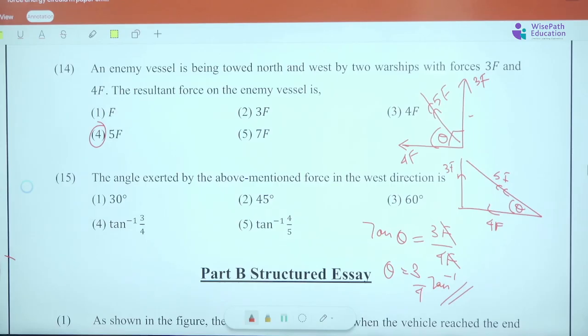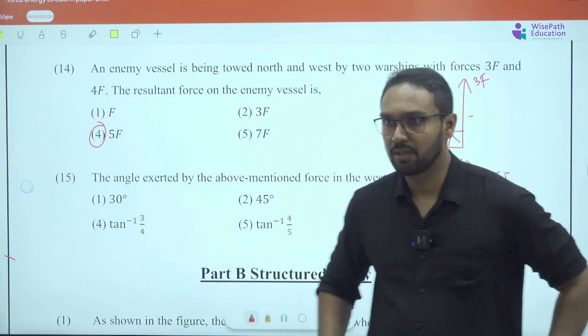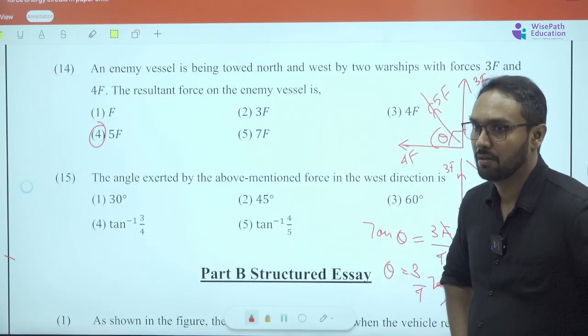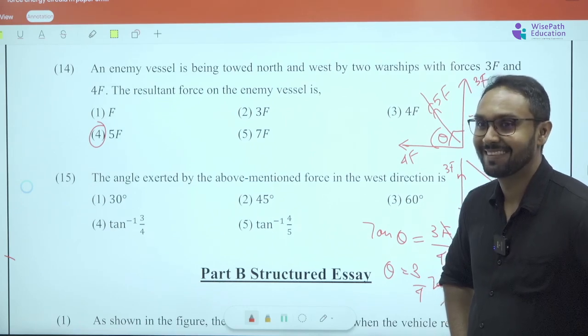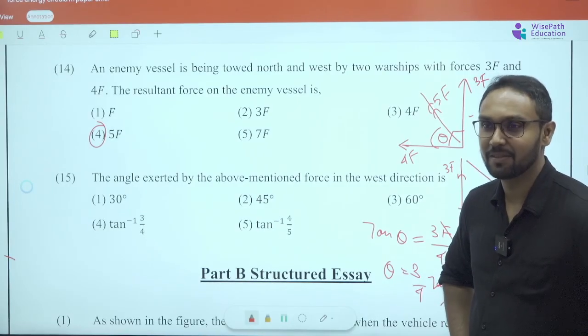How did you conclude it's 45? What is the reason to take it's 45? 45 degrees comes if the two forces are equal.